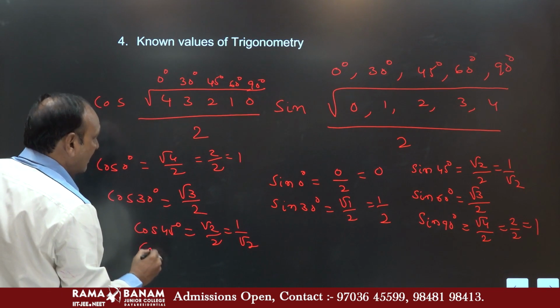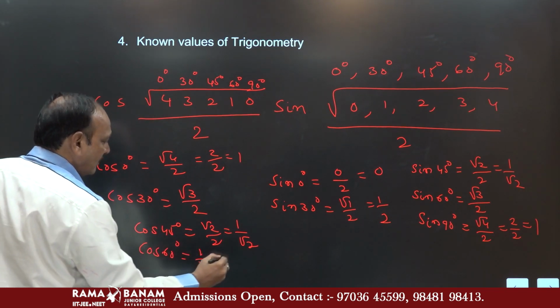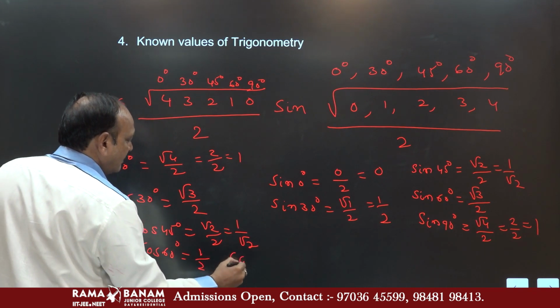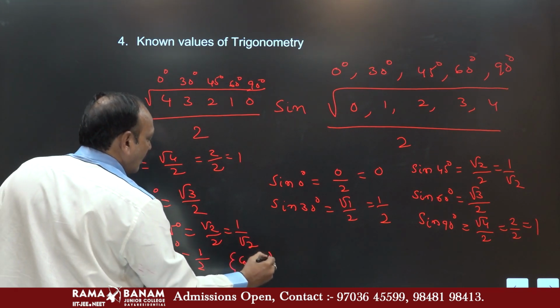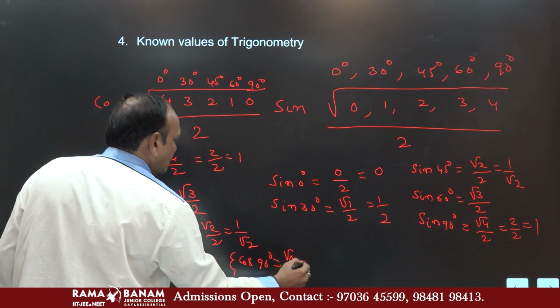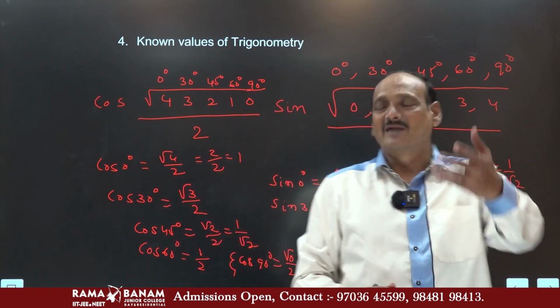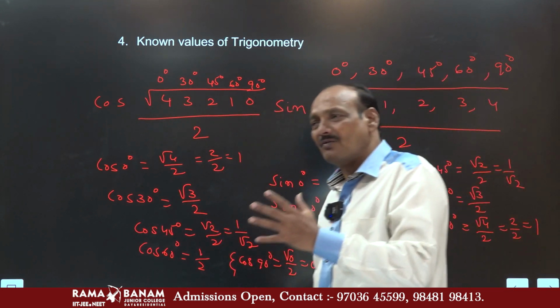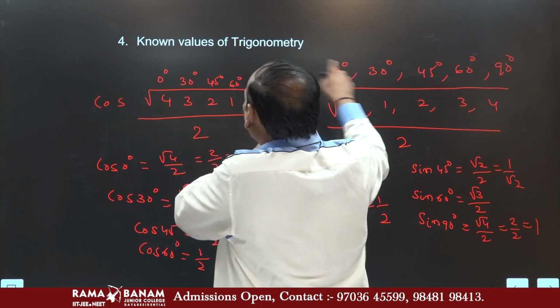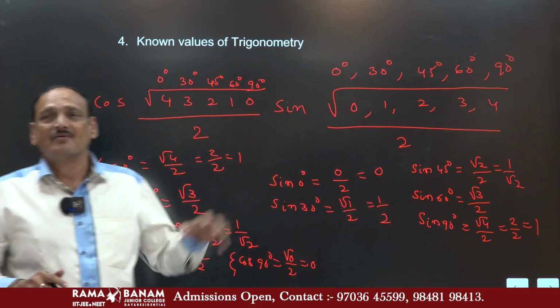Again cos 60, I can write as root 1 by 2, that is 1 by 2. And cos 90 is equal to root 0 by 2, which is nothing but 0. These are the values. Simply by this trick we can tell that. So you don't by heart the known values of trigonometry, because every student has to learn these values without any mugging.